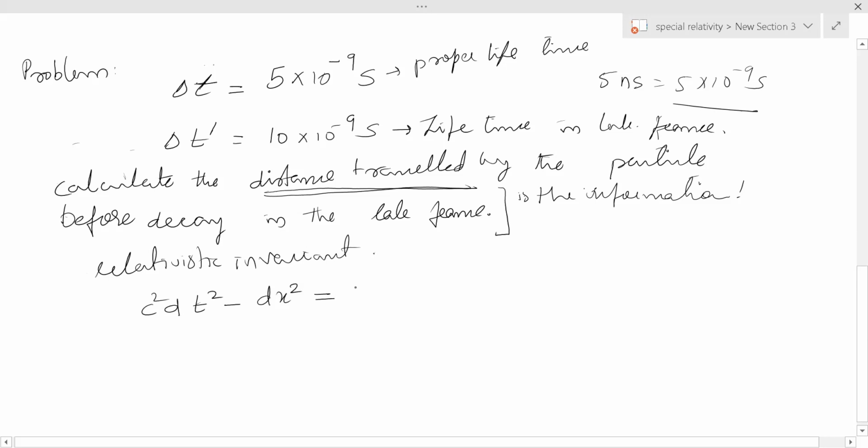In whichever frame you measure it, this quantity is invariant. It is associated with proper time, but you don't need that; you can just use this information. I've written just one spatial dimension. If you have 3 spatial dimensions, you would have minus dy square minus dz square as well. Is this fine?